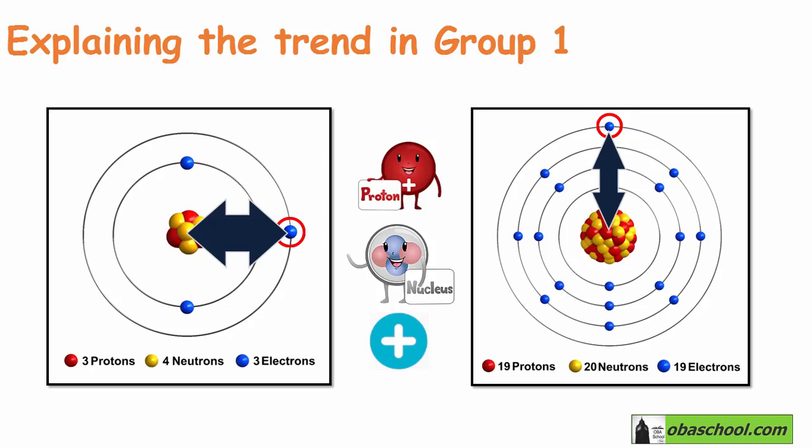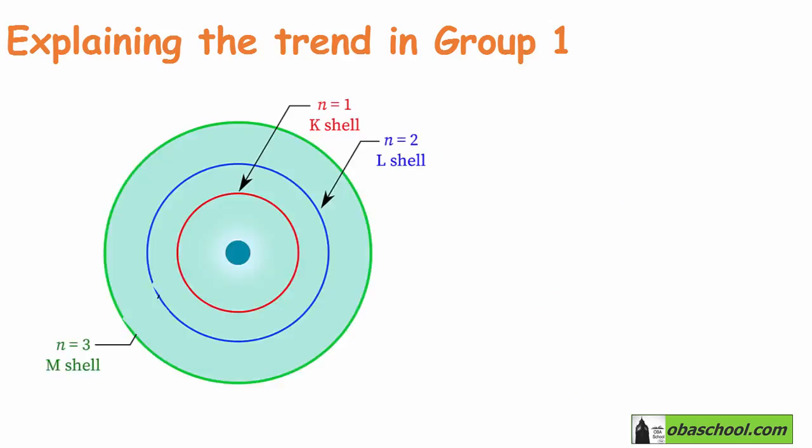And there's attraction between the electrons and the protons. However, as the distance between the outer electron and the nucleus increases, the electrostatic attraction with the nucleus gets weaker. So as we have more electron shells, the distance increases and thus the electrostatic attraction becomes weaker.